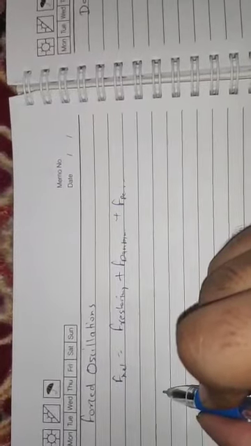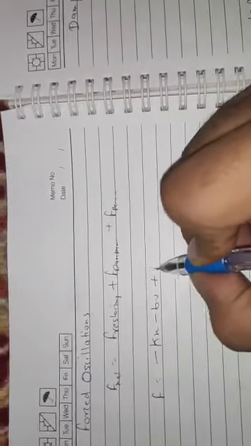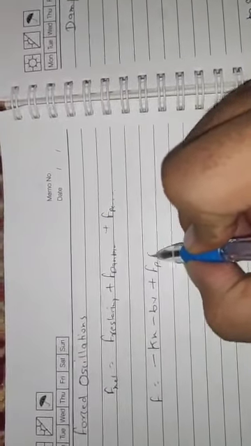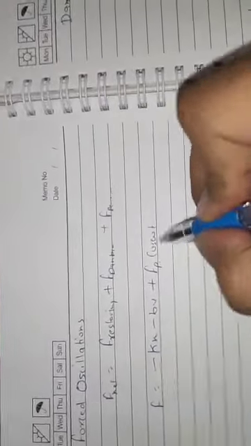So we get the equation F is equal to minus kx minus bv, and this periodic force we are giving in favor of the motion, so I'm not applying minus. So this is the periodic force, F periodic cos omega t.